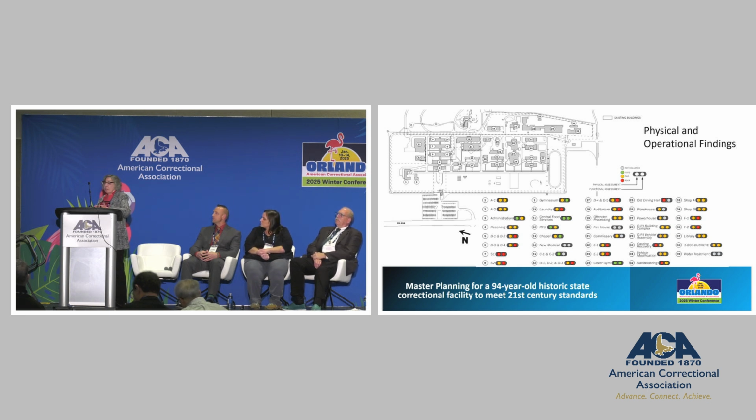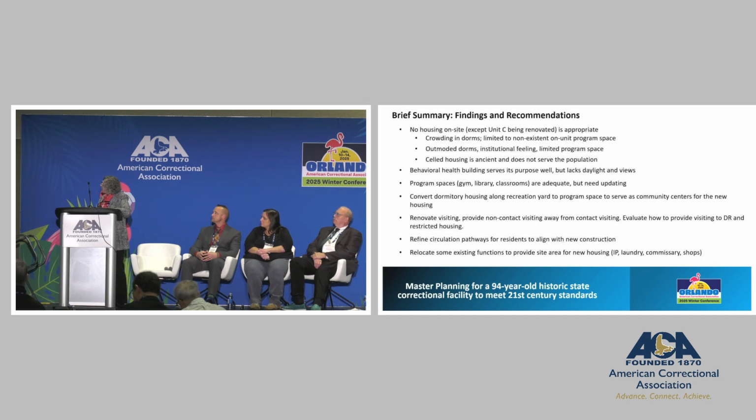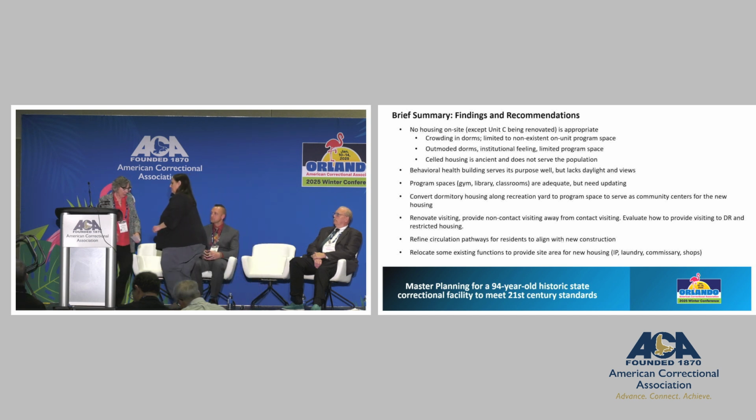Like the double reds obviously needed to be replaced, but operationally you can see they were in worse shape than some of the physical conditions. And then I'm going to turn it over to Lori, and she's going to talk about the planning and programming.